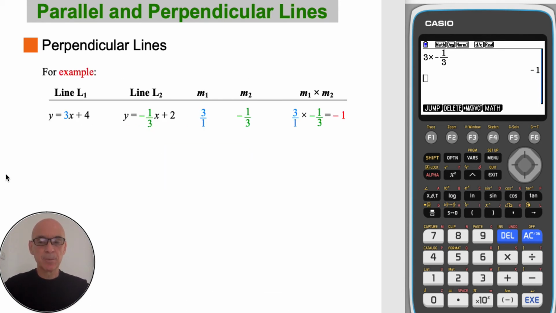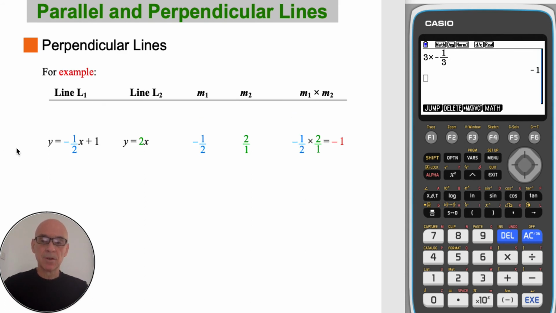So in the example shown here, the two lines have gradients that are negative reciprocals, and the product of the gradients is equal to negative 1. So the lines are perpendicular.